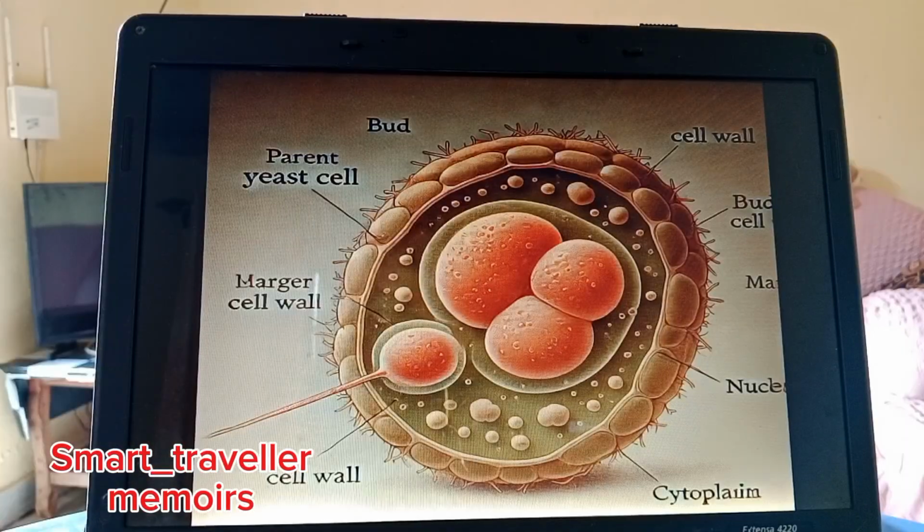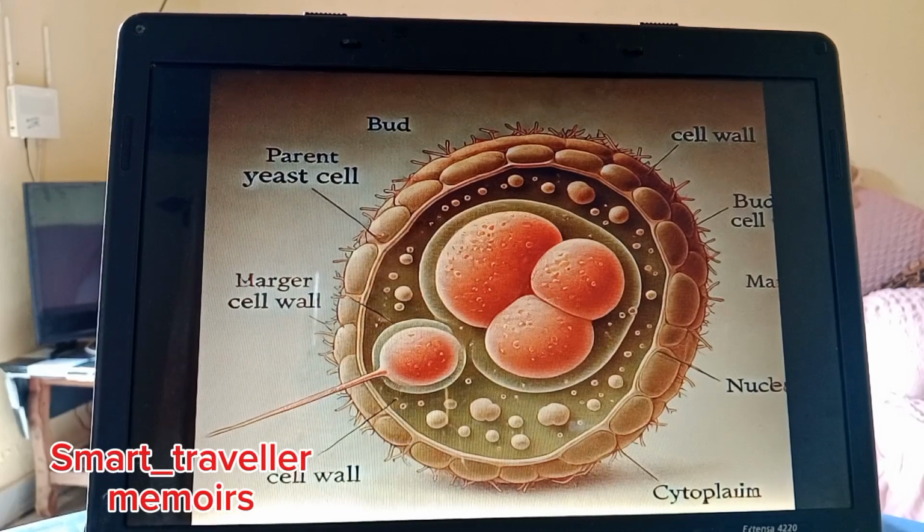The KCSE 2014 and the 3 questions, and the first question was testing the behavior of yeast cells. As you can see there, that's a yeast cell.